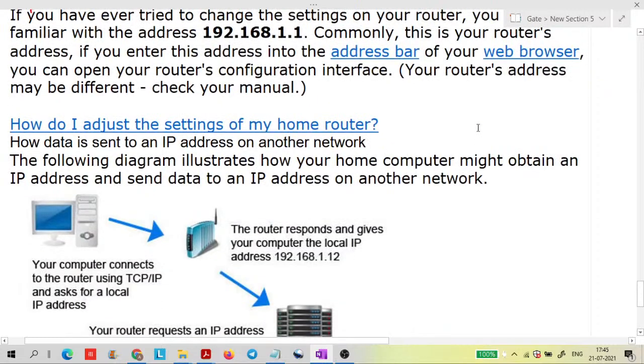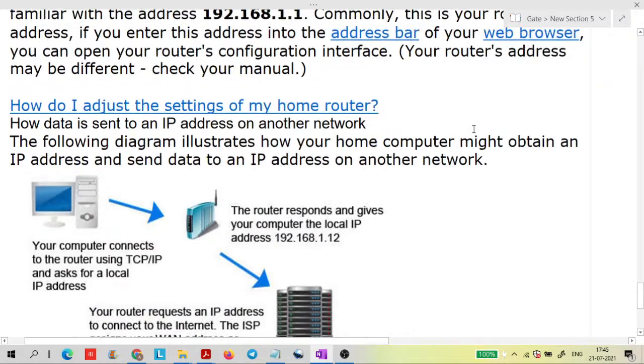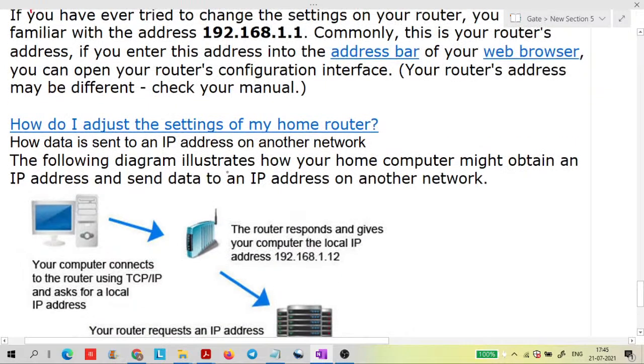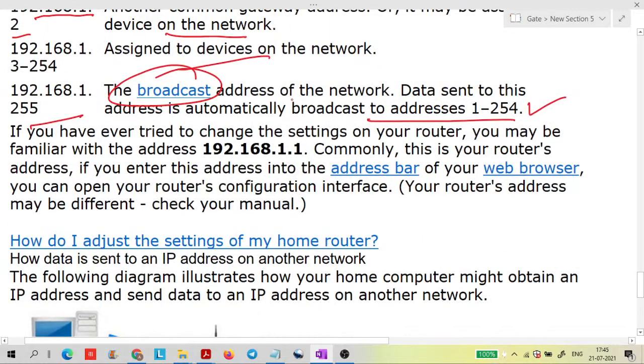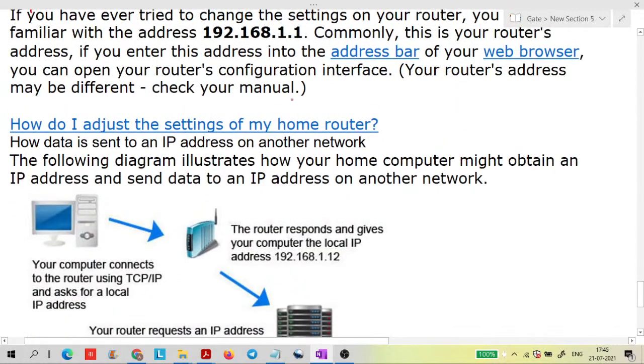So let us see how to adjust the settings of my home router. If you have ever tried the settings in your router, there are some concepts here. The following diagram illustrates how a home computer might obtain an IP address.